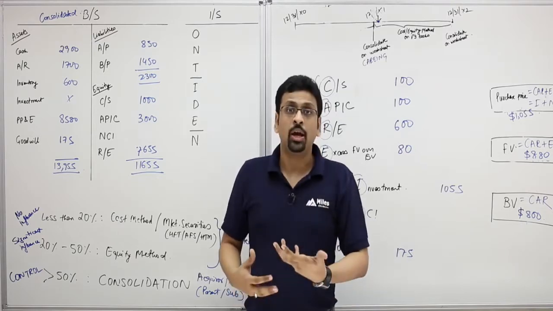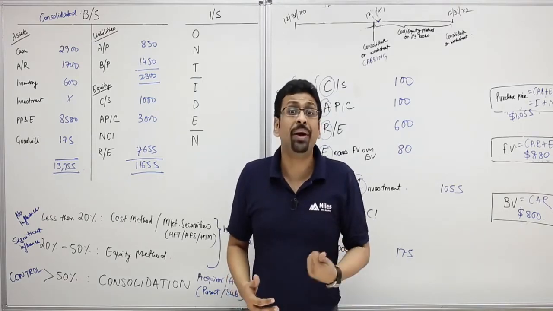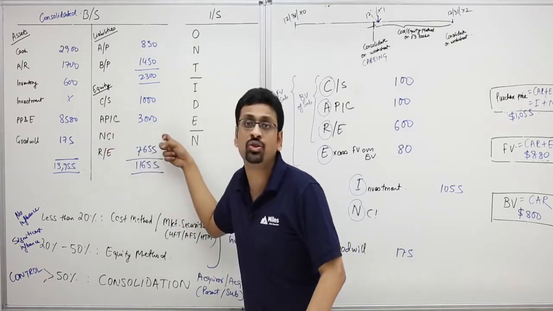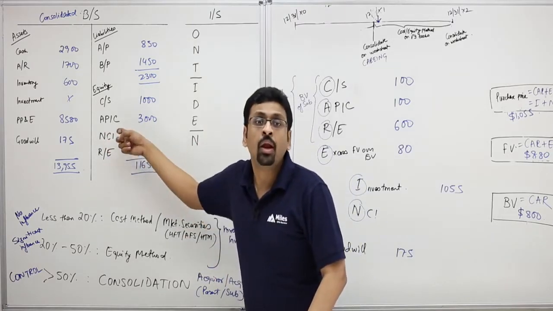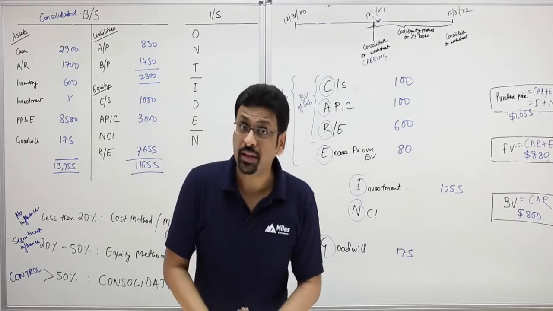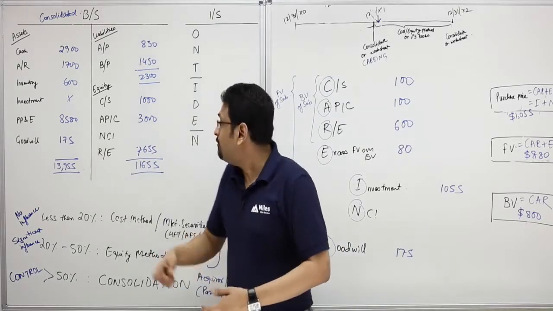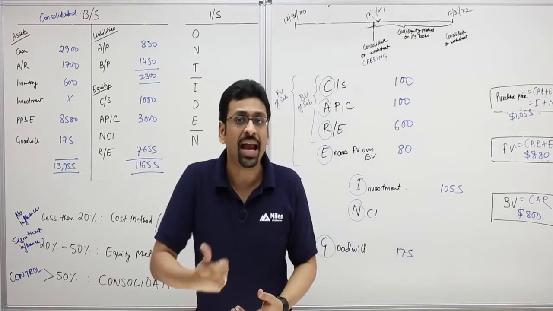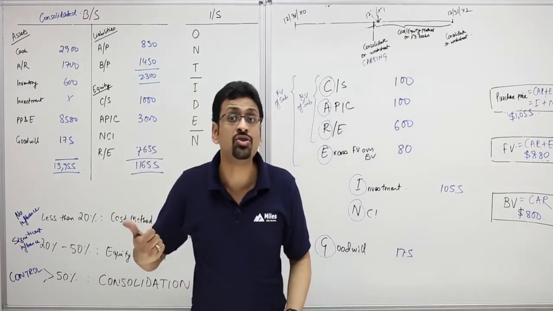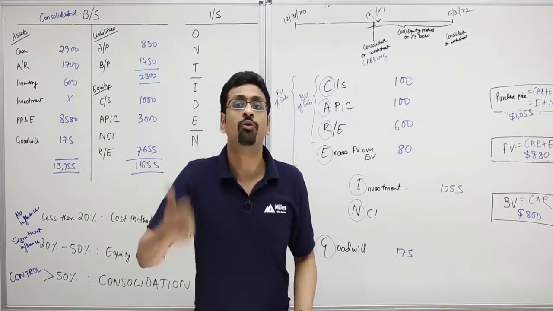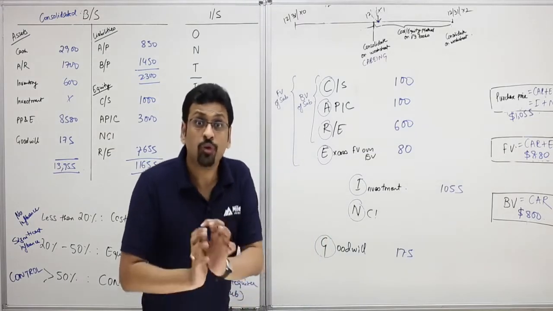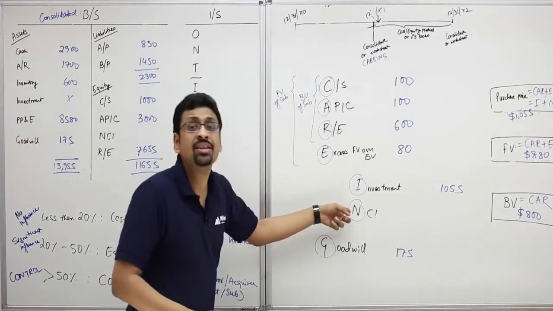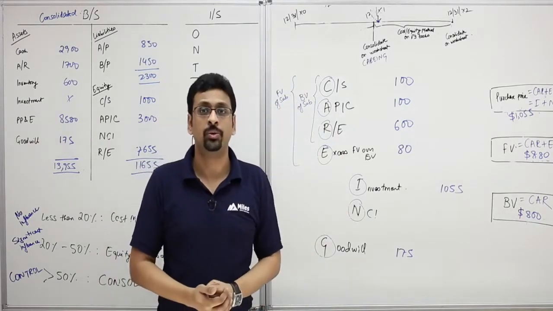And that is why for the remaining 10% which the parent does not own, we're going to have a number for non-controlling interest out here. Now, under the full goodwill method that we use under GAAP, the value of this non-controlling interest is number of shares held by the non-controlling interest holders times the fair market value of each share. And this also would perfectly fit in our mnemonic carrying, where N stands for non-controlling interest.